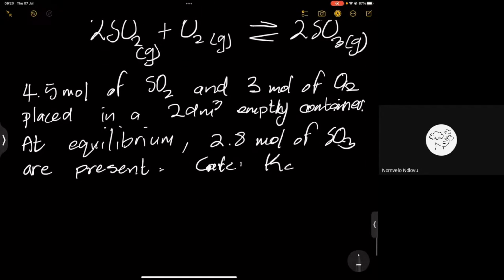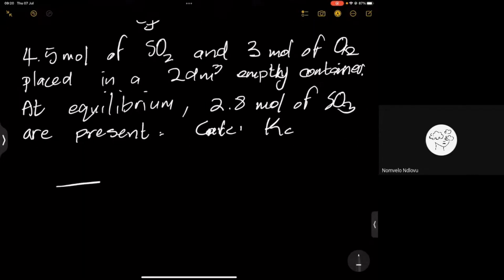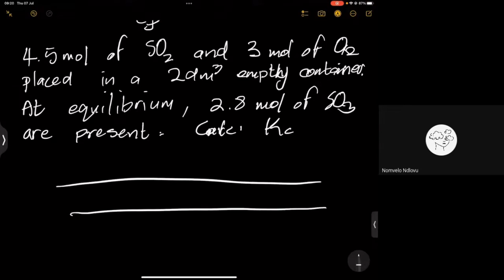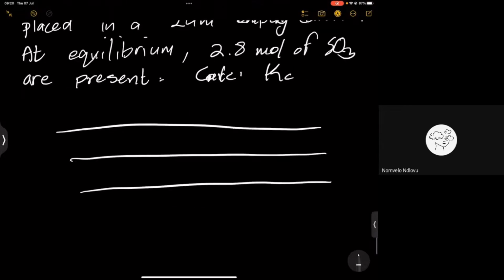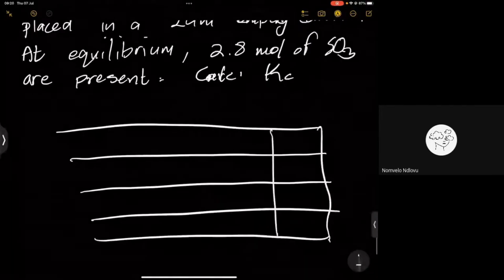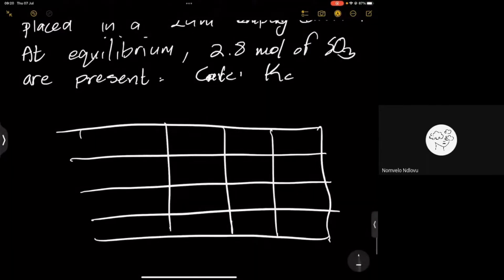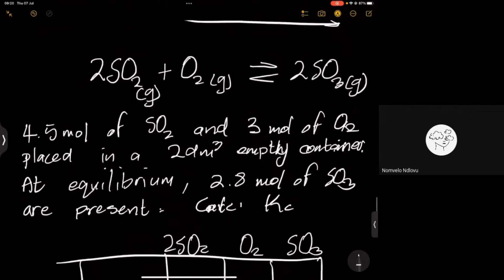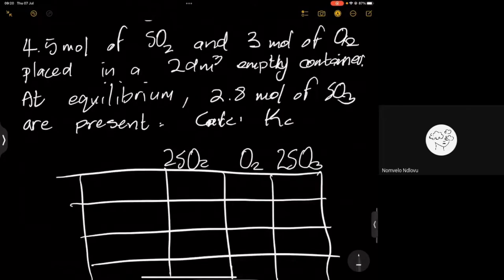Right, now, remember, we're going to draw our table. So there we are. We've got SO2, we've got oxygen, and we've got SO3, but we need to balance that out. So that's 2 and 2 over there.